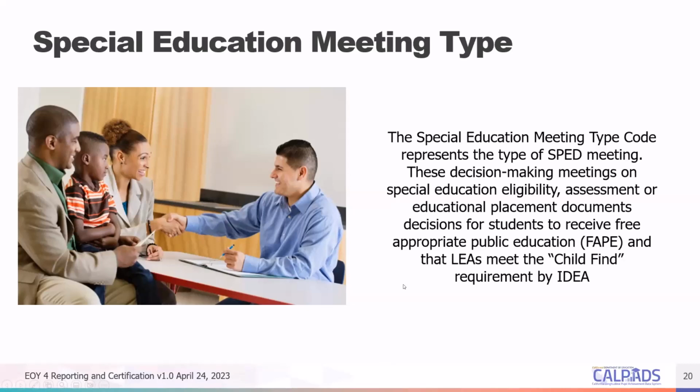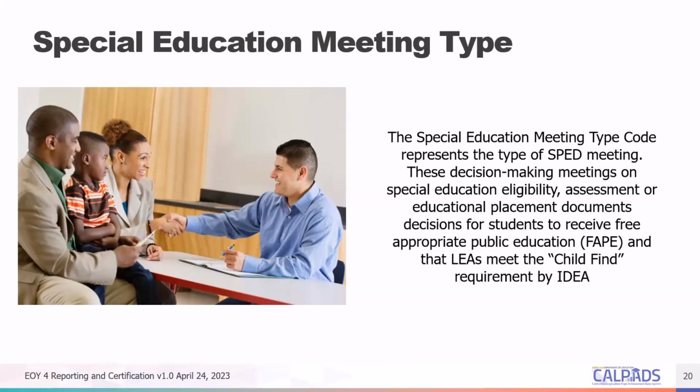And if you're new, in terms of reporting, evaluations and plan meetings are held one and the same. But for reporting purposes, they have to be identified individually. So you may, in the same setting, maybe as a convenience to the family, convenience to the staff involved, evaluate the student's eligibility as well as prescribe services going forward.